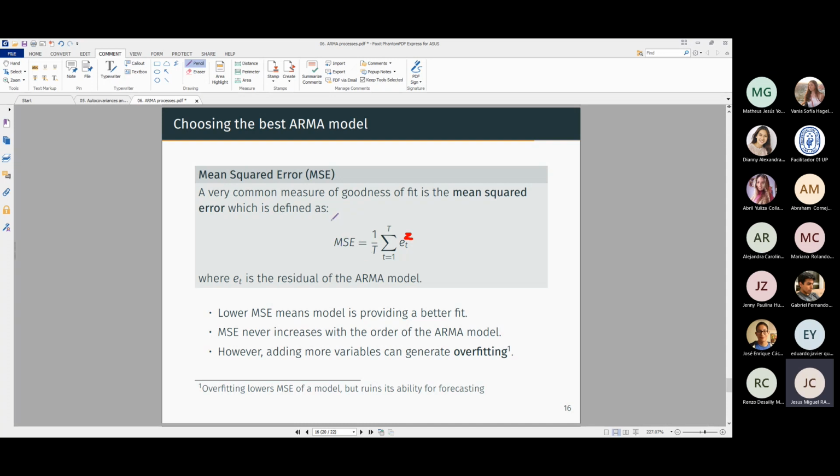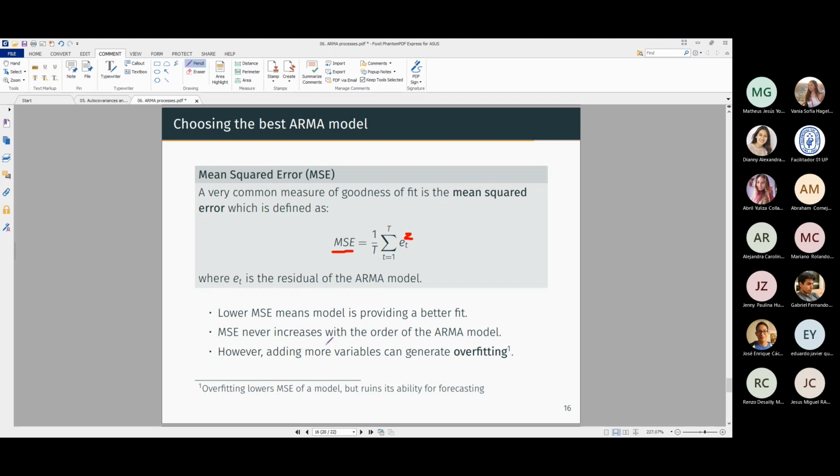By construction as well, when you increase the order of the ARMA, this guy will never increase. This is like the R square. If you have a model and you add more variables to the model, the R square won't decrease.